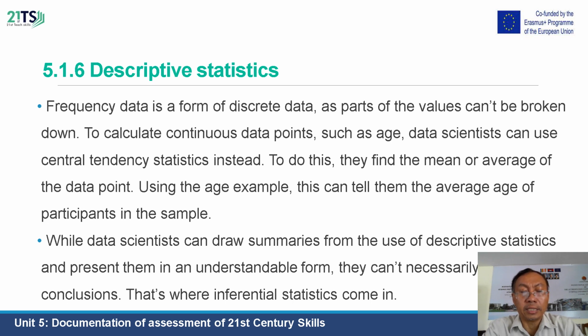Using the age example, this can tell them the average age of participants in the sample. While data scientists can draw summaries from the use of descriptive statistics and present them in an understandable form, they can't necessarily draw conclusions. That's where inferential statistics come in.